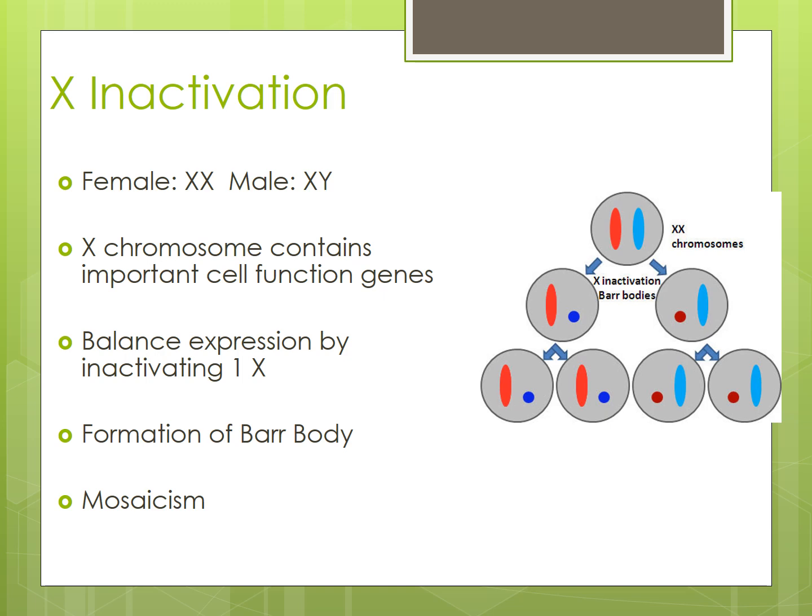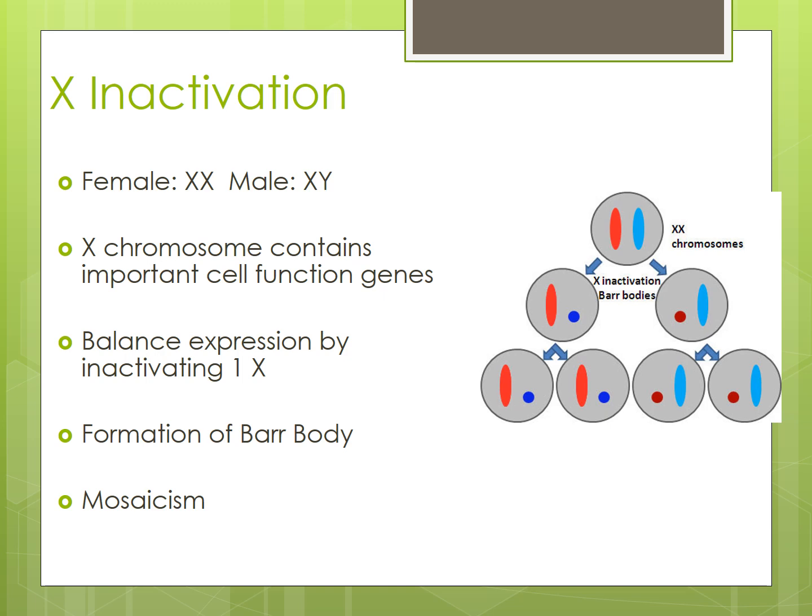It's important to maintain proper protein expression, so we need to balance out the genes being expressed on the X chromosome between males and females. And so what the body does is it inactivates one of the X chromosomes.